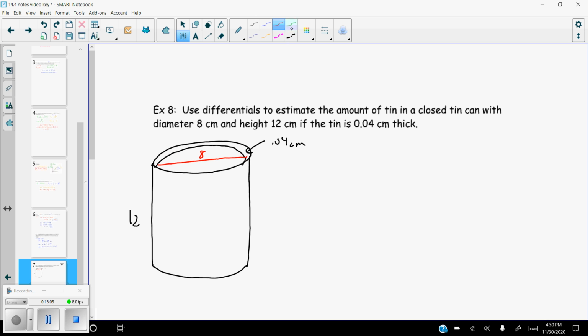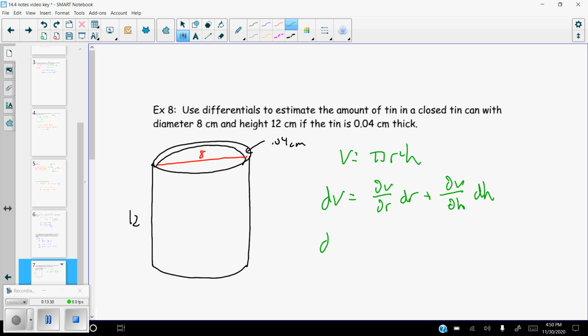I also know the equation for the volume. The volume of a cylinder is pi r squared h. So if we are going to find dV, remember that dV is going to be the partial of V with respect to r dr plus the partial of V with respect to h dh.